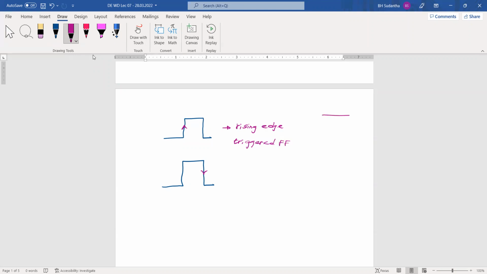And the symbol for this rising edge triggered flip-flop is JK, this way.